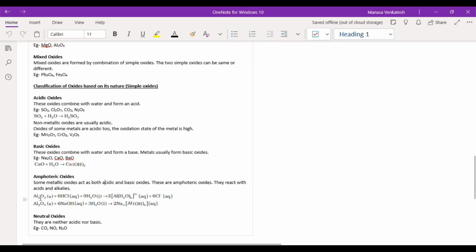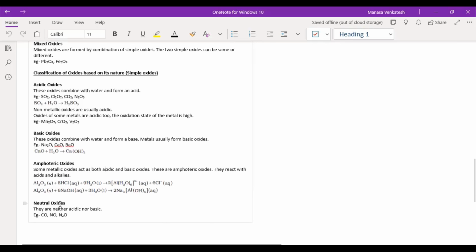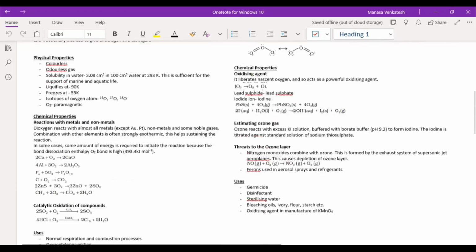So here, when aluminium oxide is reacting with an acid, it itself will act as a base. When aluminium oxide is reacting with a base, it itself will act as an acid. Neutral oxides, on the other hand, are neither acidic nor basic. So water is a neutral oxide; nitrogen oxide and carbon monoxide are also neutral oxides.